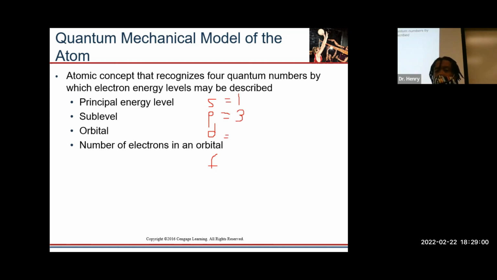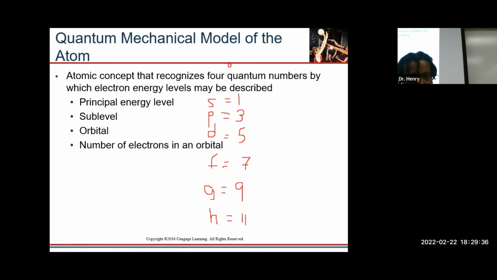The D sublevel has 5 orbitals. The F sublevel has 7 orbitals. So if there's a G, how many orbitals would you expect it to have? That's right. If there was a G, there would be 9. And if there was an H, it would be 11.